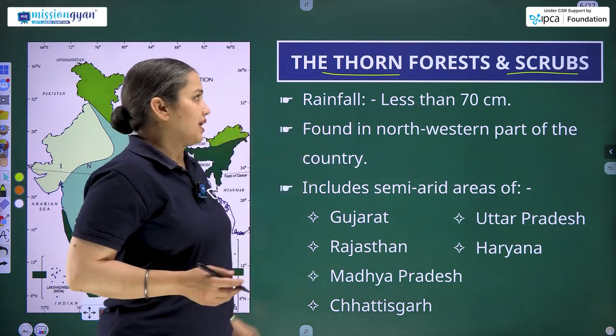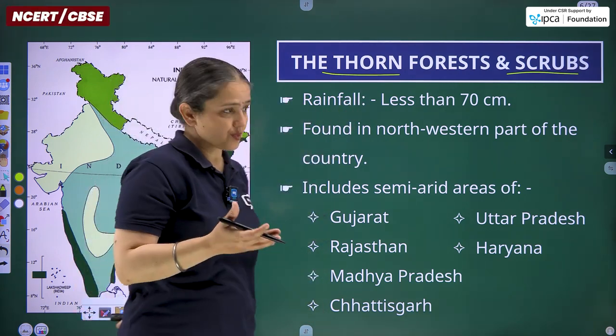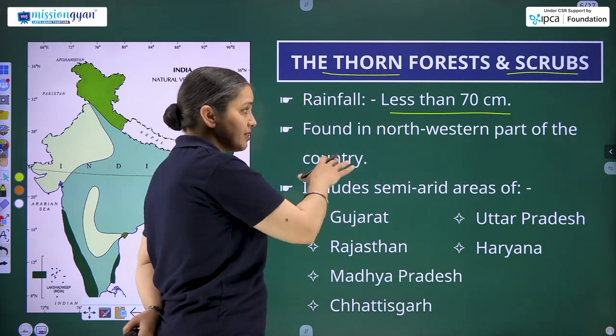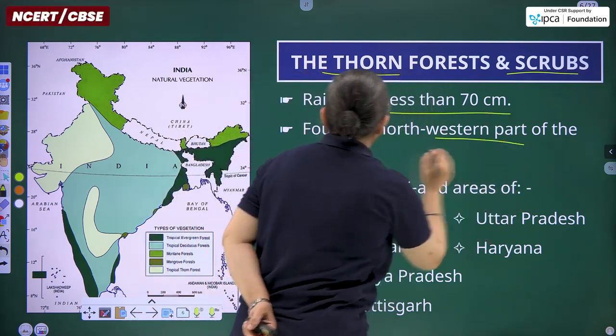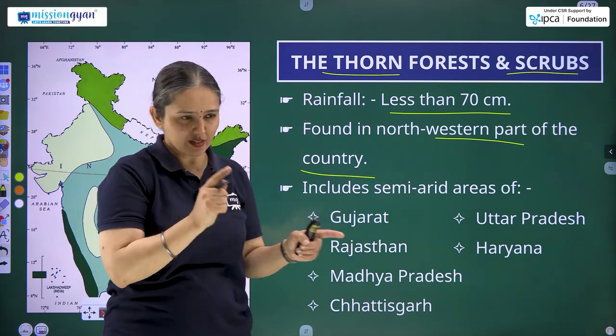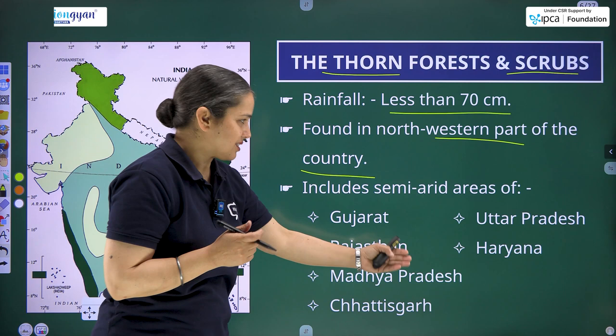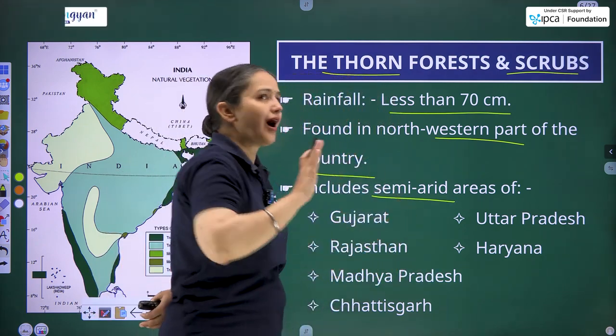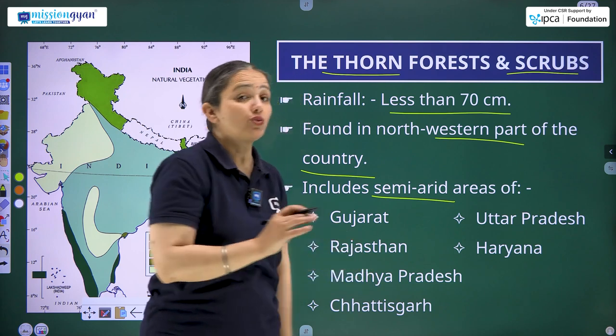This area of thorn forests and scrubs receives less than 70 centimeter of rainfall, and these are found in the western parts of the country. So we are talking about western Gujarat, western Rajasthan prominently. These regions include semi-arid areas. Semi means half, arid means dry.